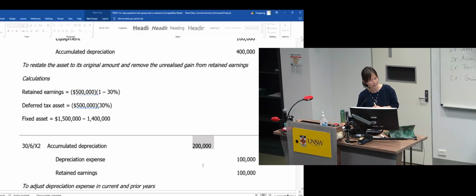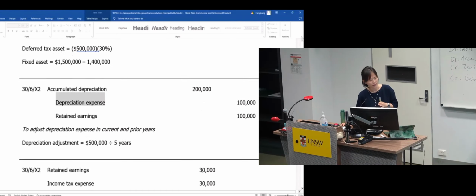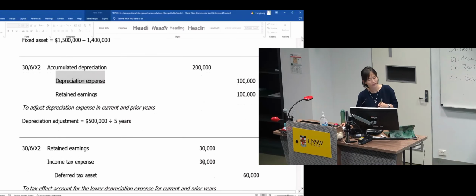What else? After this, tax, right? So tax again. Your current year depreciation expense adjustment results in the current year group profit increasing by 100,000, therefore increasing the current year income tax expense.